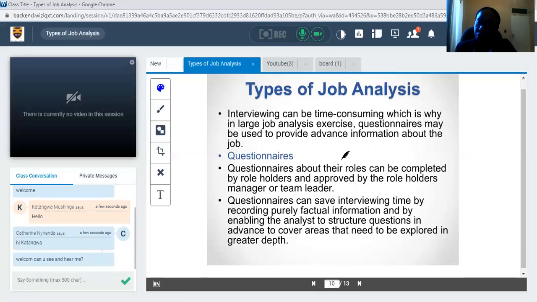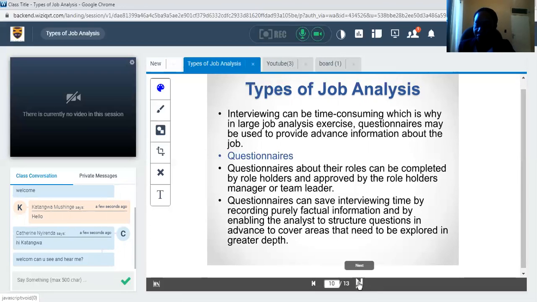Questionnaires can save interviewing time by recording purely factual information and by enabling the analyst to structure questions in advance, covering areas that need to be explored in greater depth.